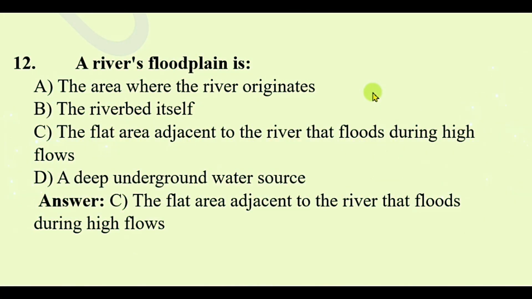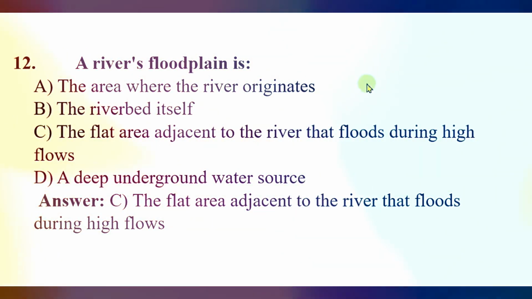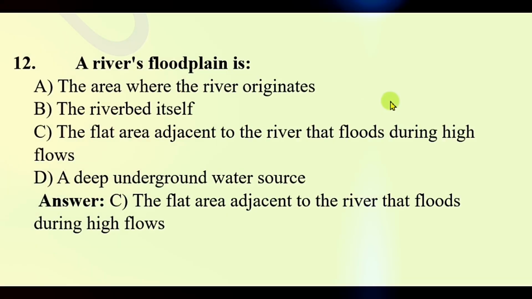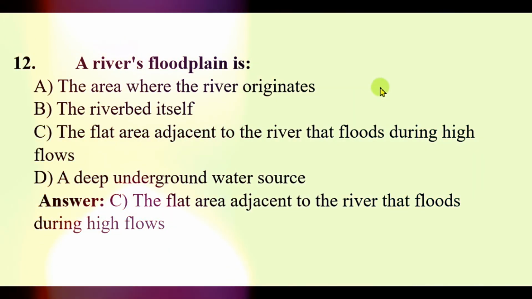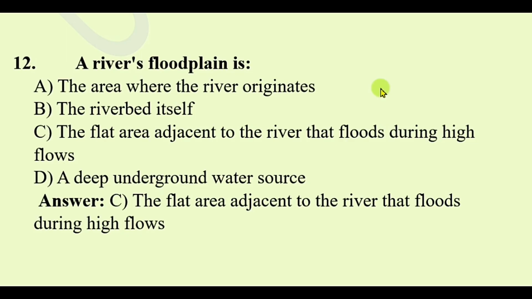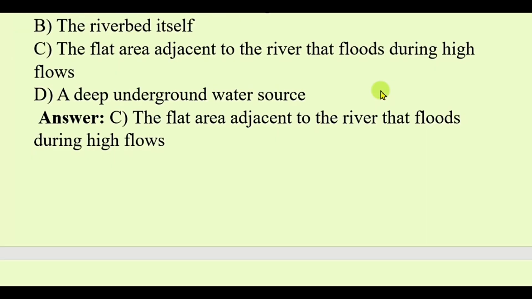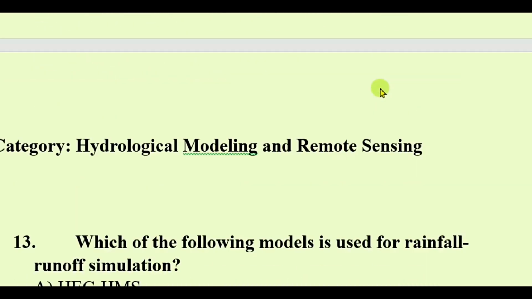As it floods during high flows, it is called flood, and this type of land is plain land. From a geomorphological or fluvial geomorphological perspective, it is called floodplain, which is very fertile plain on both sides of the river.